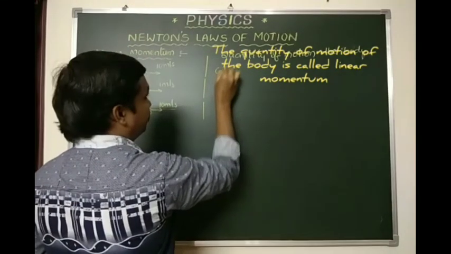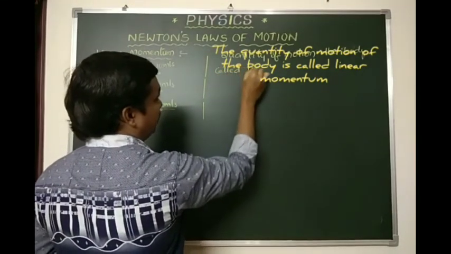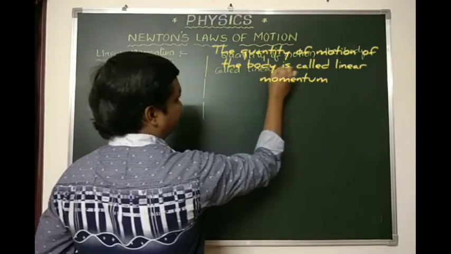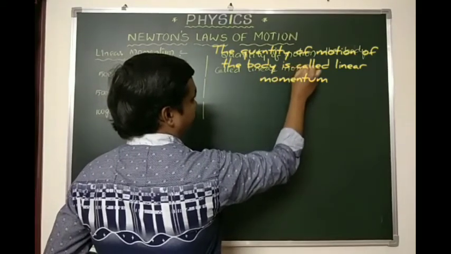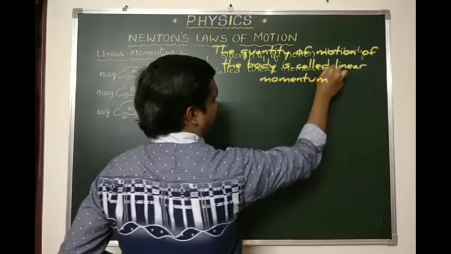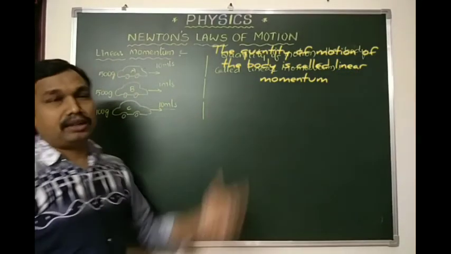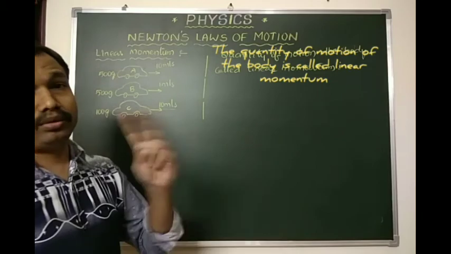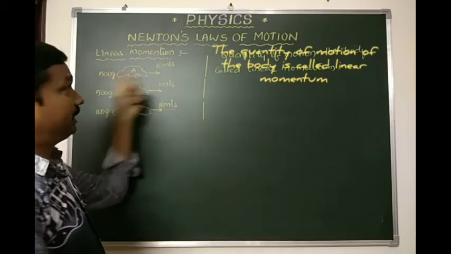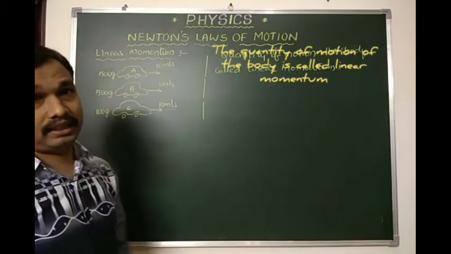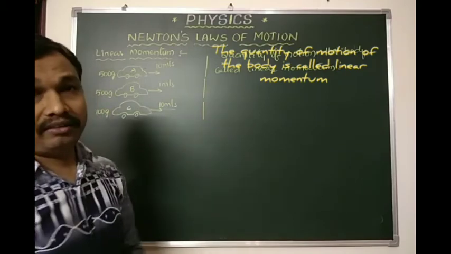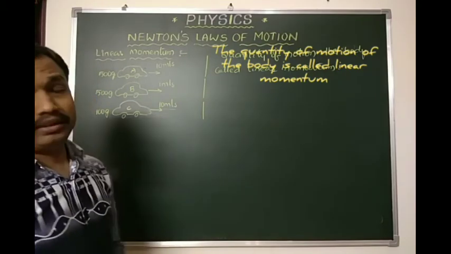On what factors is this linear momentum depending? It is depending upon two factors: one is mass, the second is velocity. So we will get a definition for linear momentum.